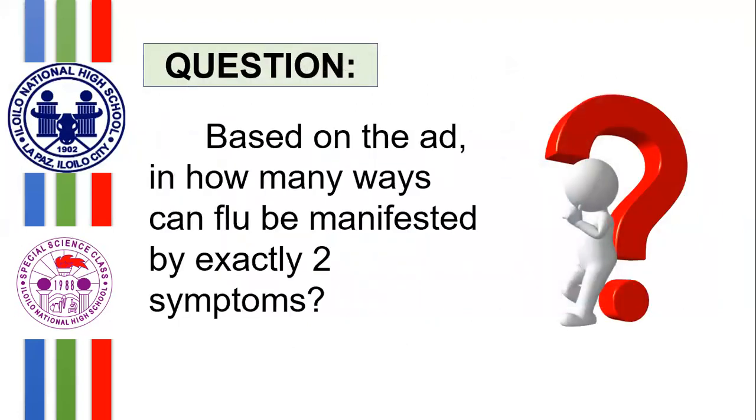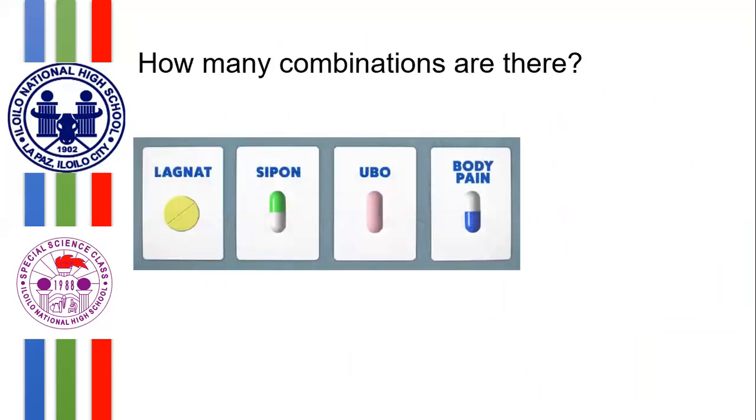And the next question I have in mind is, based on the ad, in how many ways can flu be manifested by exactly 2 symptoms? So for this particular case, how many combinations of symptoms are there that involve exactly 2 symptoms?